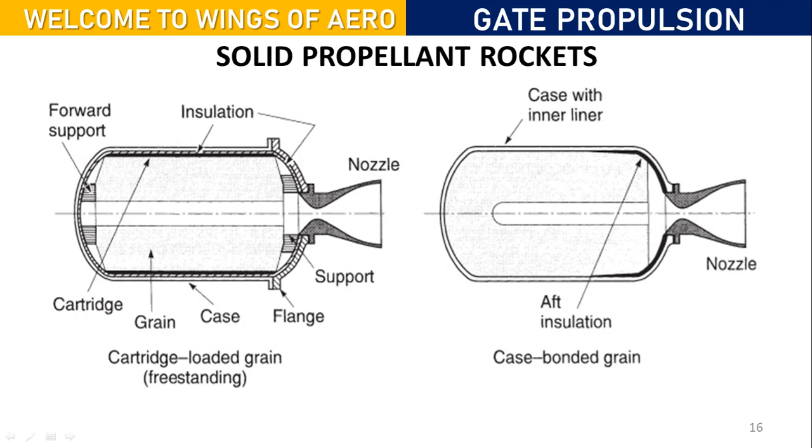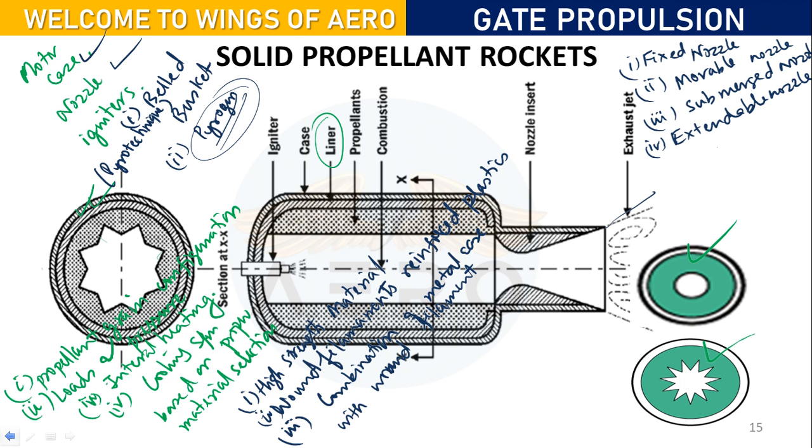Both will be combined. But in case of cartridge loaded grain, it will be assembled one after another, right? So that's the main difference between these two solid propellants. These two different types will give different usage of pyrotechnics and pyrogens. Clear?